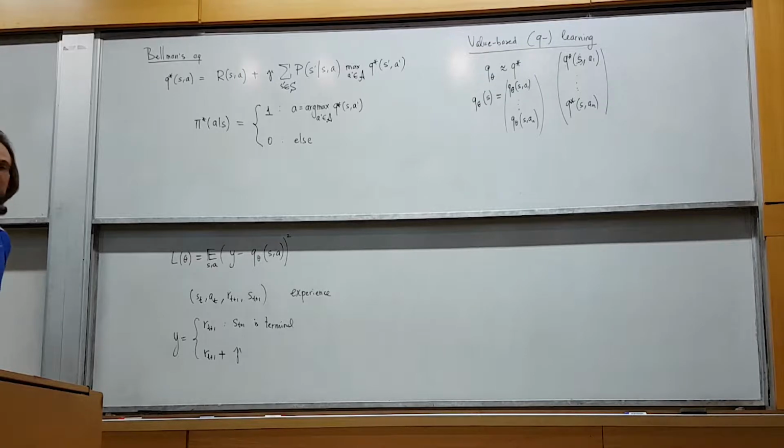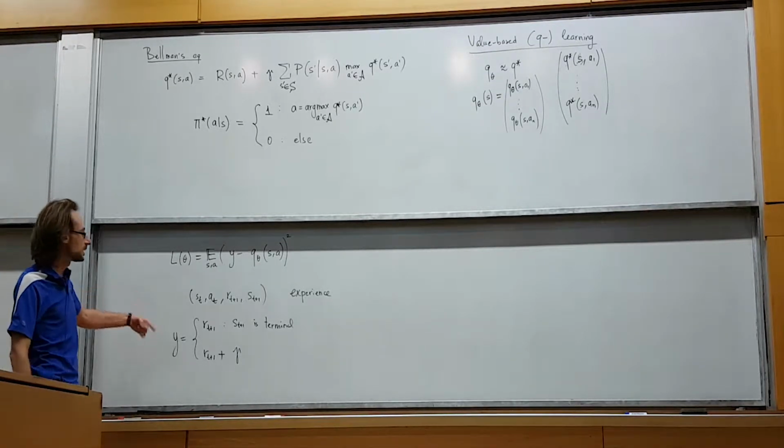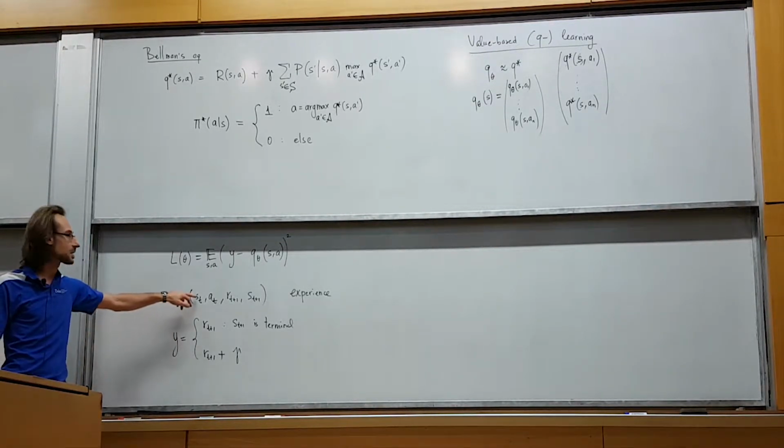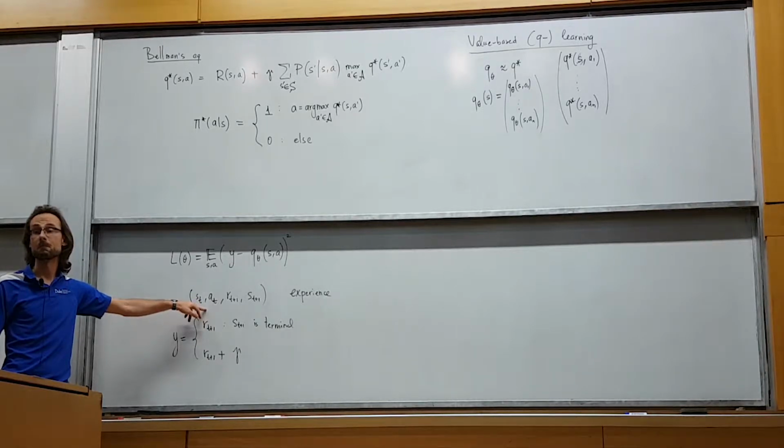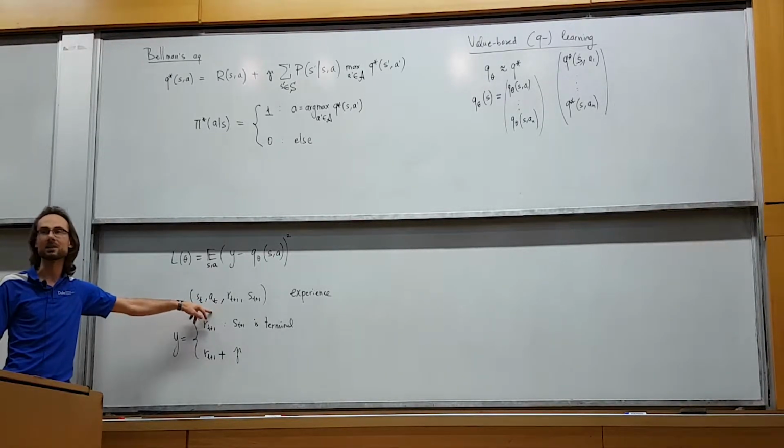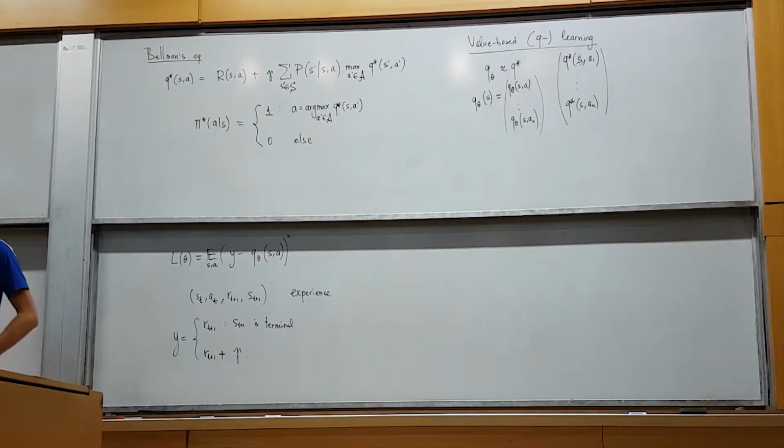But remember that we are going to do this learning on many mini batches of this form. I will say a few words about how exactly to create these mini batches. Because we are going to do gradient steps on many mini batches, this weighting by the transition probability will occur automatically, because we are doing averaging anyway. Transitions that happen more frequently will appear more frequently in the mini batch.